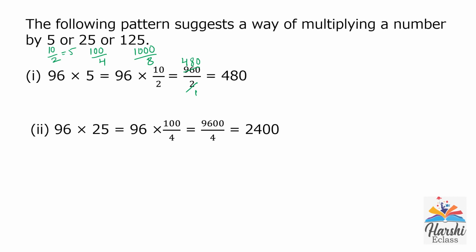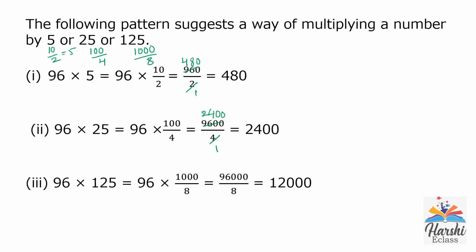We can write 25 as 100 upon 4. 96 multiplied by 100 is equal to 9600. 4 twos are 8, 4 fours are 16 and 2 zeros, that is 2400. 96 multiplied by 125 is equal to 96,000 upon 8. 8 twos are 16, 3 zeros, it is 12,000.